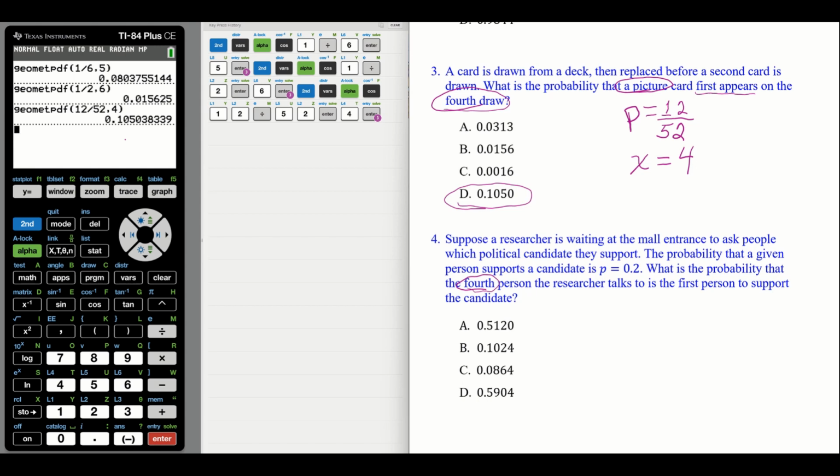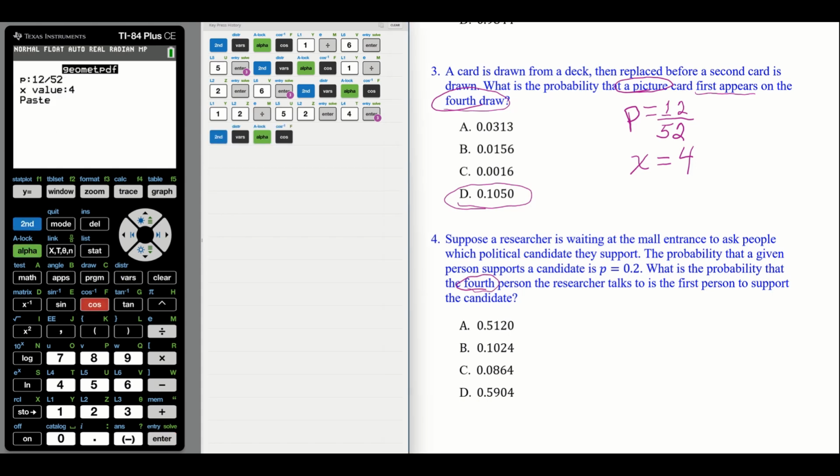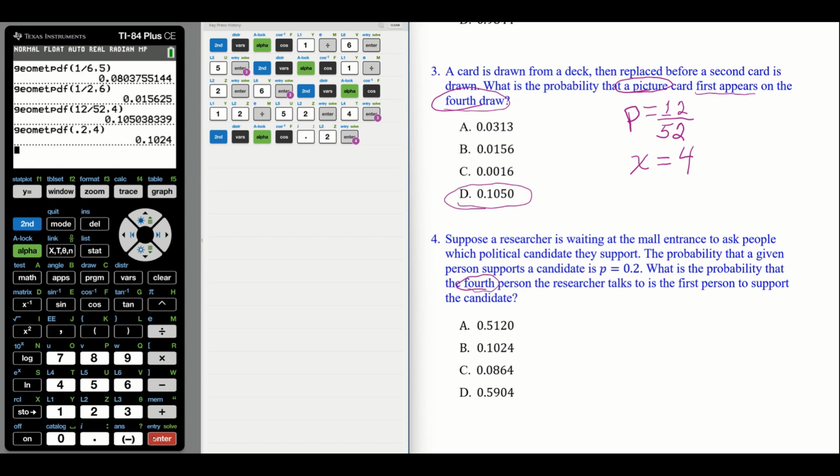Or the first known person to declare that they support the candidate, I suppose. So second, vars, alpha, cosine, and that probability is 0.2. Enter. And again, it's the 4th person. Enter. Enter. Excellent. That was even. That's a good probability.